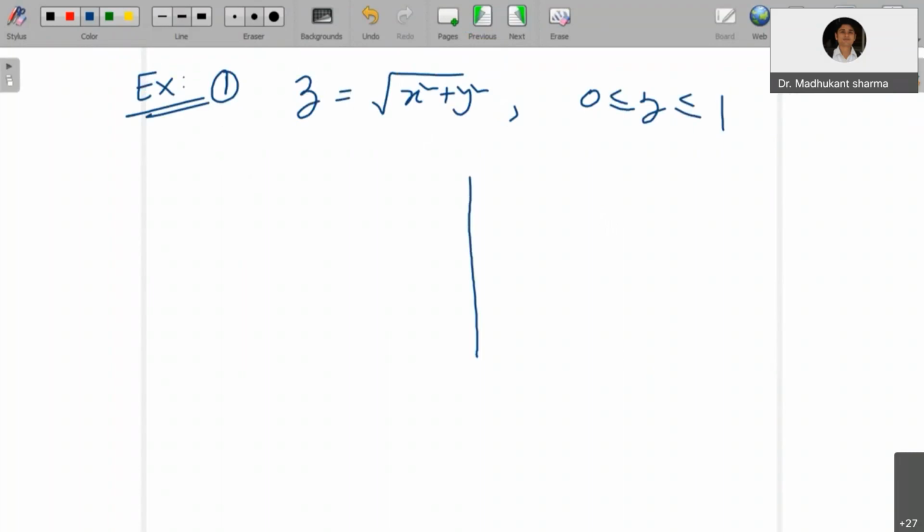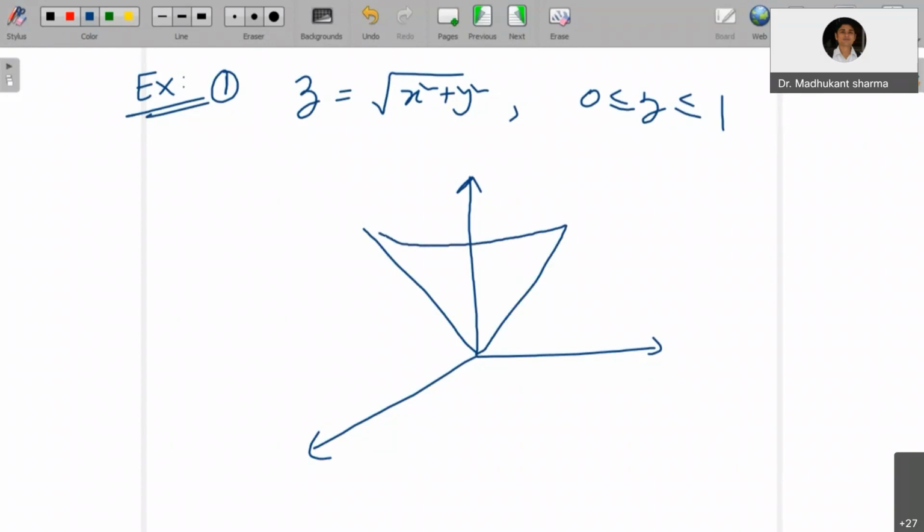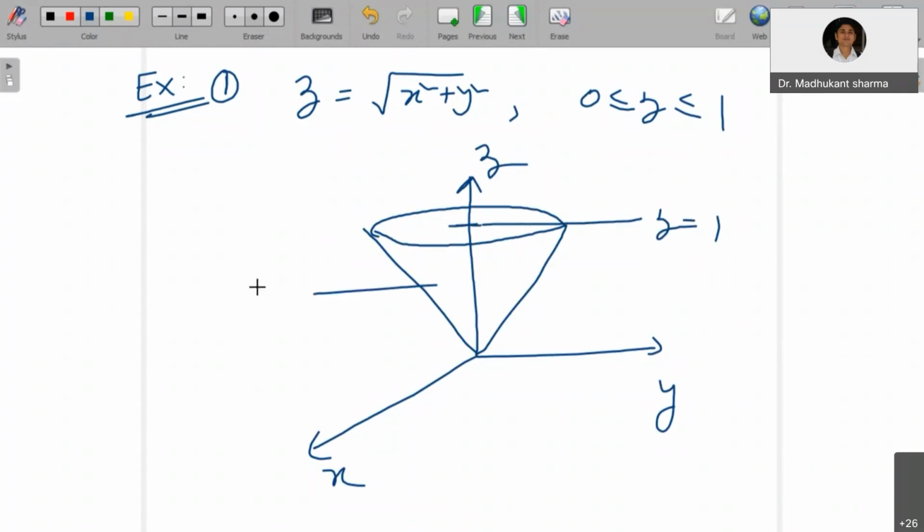It identifies a cone in XYZ space, so you need a two-parameter family, between z equals 1 and z equals 0.